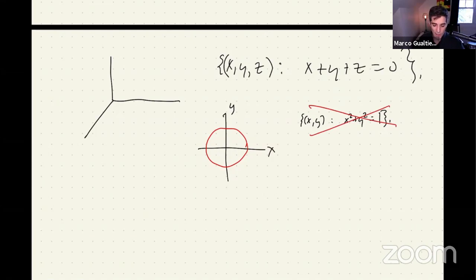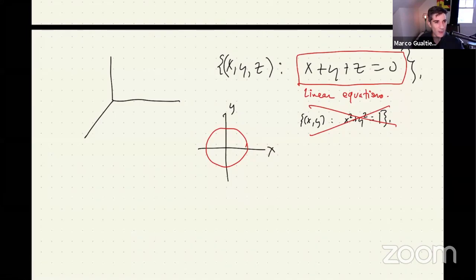We need constraints that look like this, and these are what are known as linear constraints or linear equations. So what does it mean to be a linear equation? It means that if you find a solution, then you can multiply that solution by a number and you get another solution. Or if you have two solutions, you can add the solutions together and the sum will be a solution.